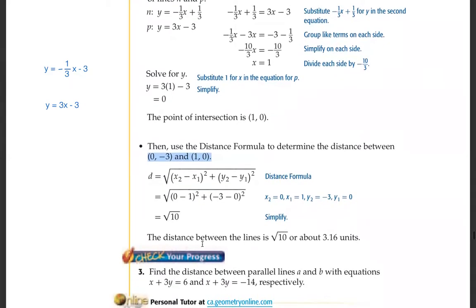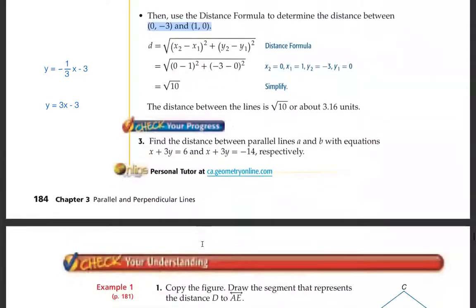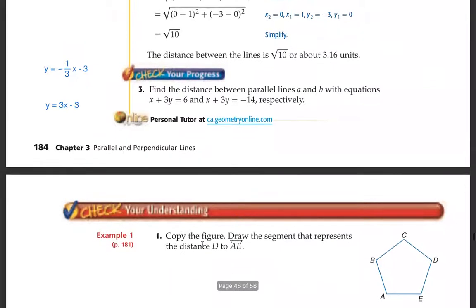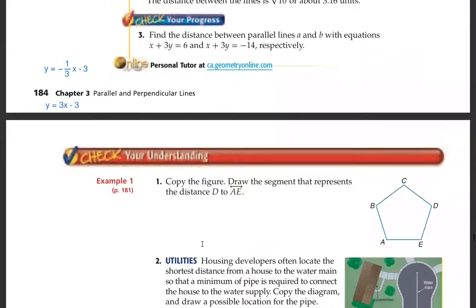Okay, now I'm going to show you a different example here. Okay, let's copy that one. I'm going to solve for the distance between equation x plus 3y equals 6 and x plus 3y equals negative 14.